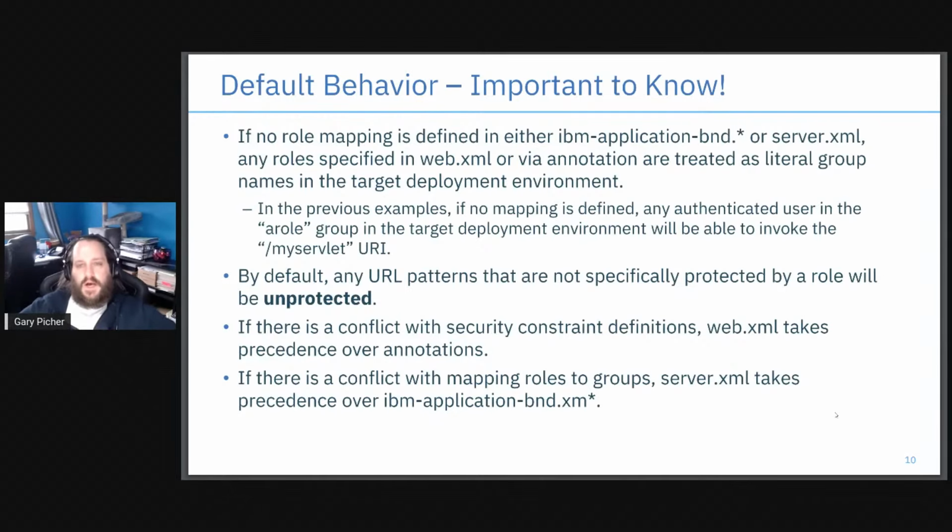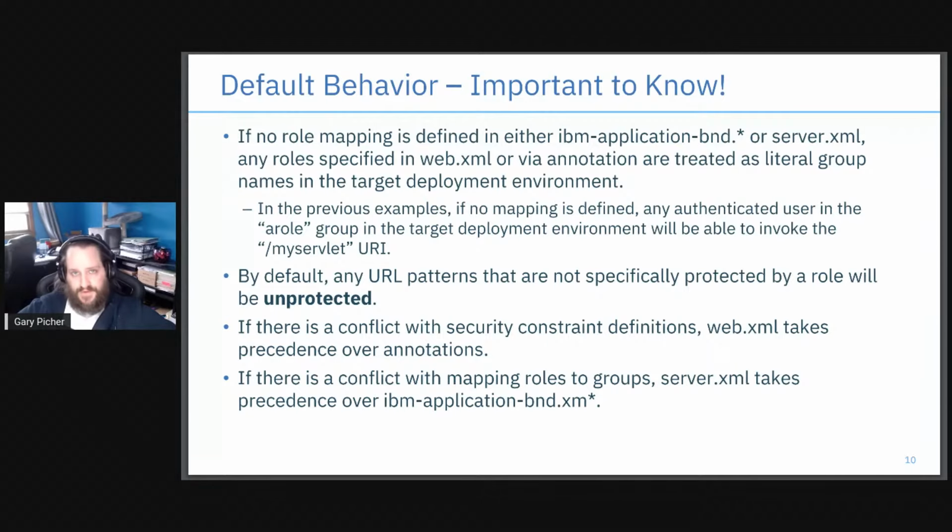So now some catches. Here's the default behavior I talked about before. If you don't map roles in either IBM application BND or server XML, then any roles that are specified in the application are treated as literal group names.